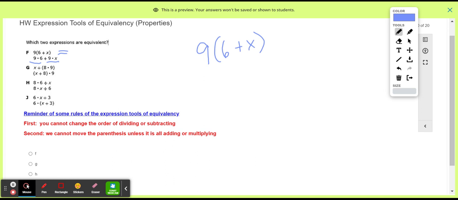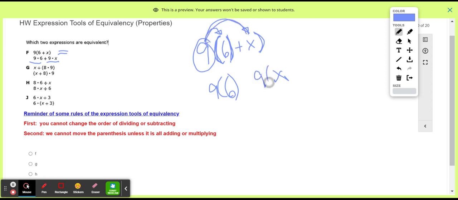Well, that's actually going to be our correct answer choice. So inside the group, 6 and x are both being multiplied by 9. So once we take them out of the group, they both get a 9. So 9 times 6 and 9 times x.